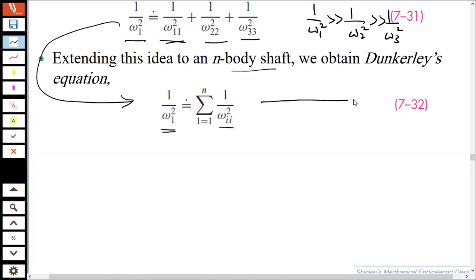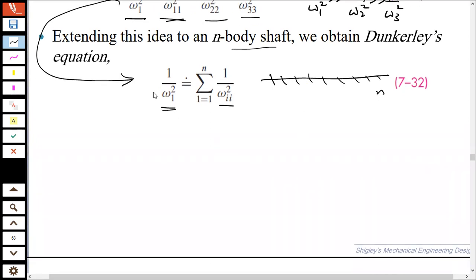If you have a shaft that has n number of these bodies, then you can say 1 over omega 11 square, 1 over omega 22 square, 33 square, and so on up to 1 over omega nn square. Okay? So this is your Dunkerley's equation.